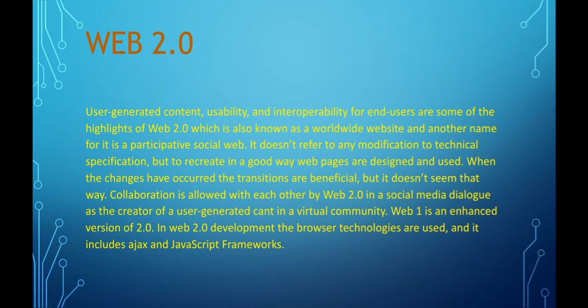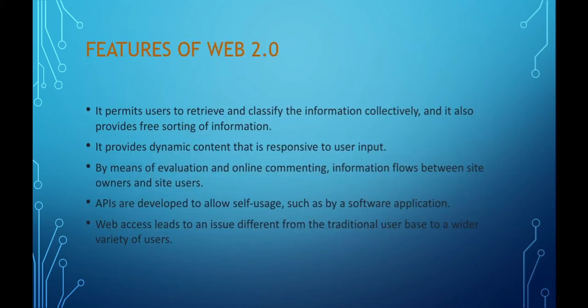In Web 2.0, the developed browser technologies used include Ajax and JavaScript frameworks. Features of Web 2.0 permit users to receive and classify information collectively, and also provide pre-sorting of information.